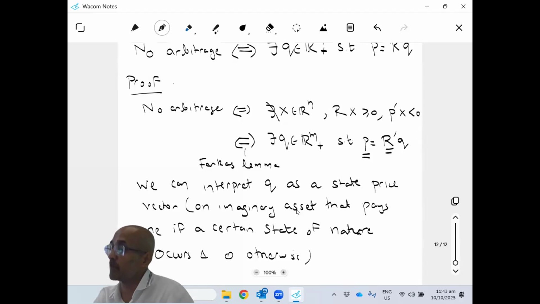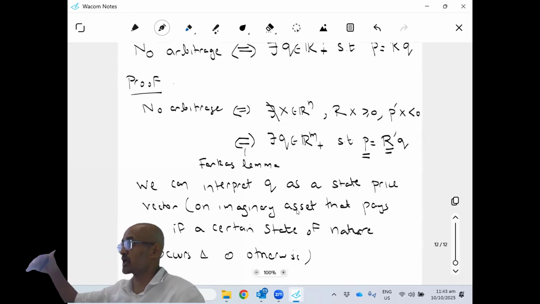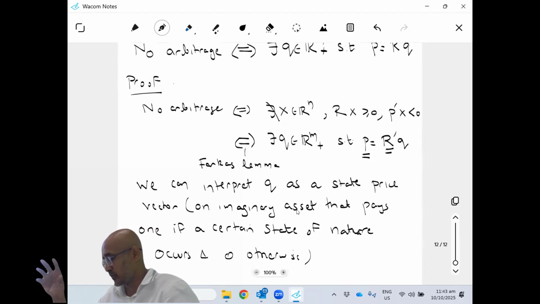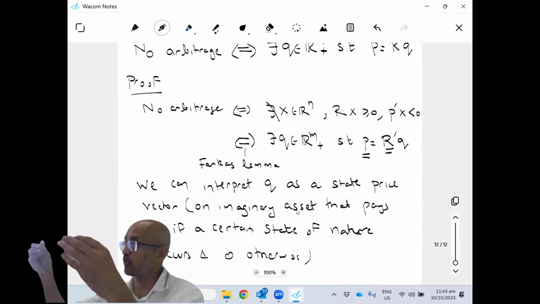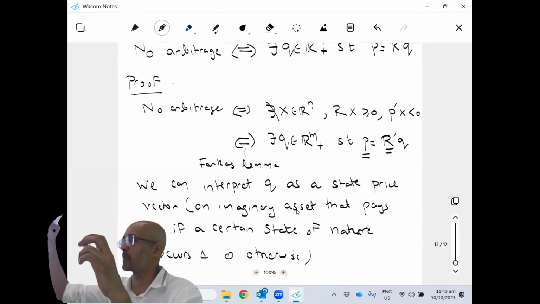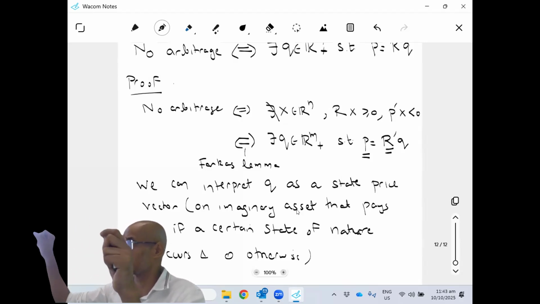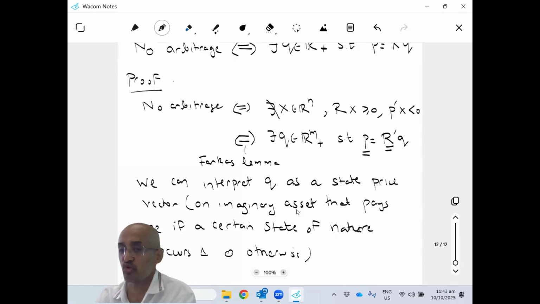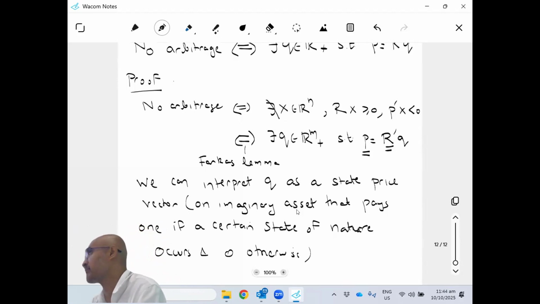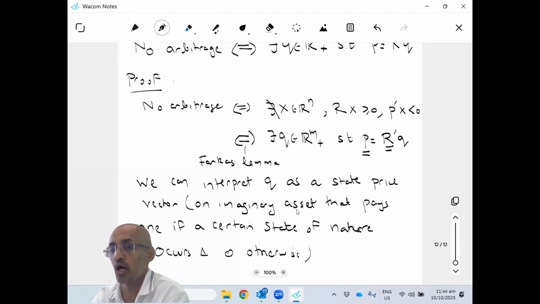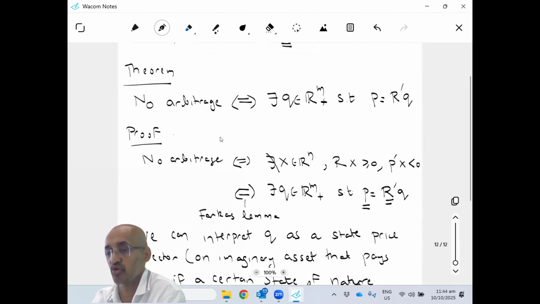Another way you can think about this is that in finance, there's something called a risk neutral measure. You can interpret this as a risk neutral measure. Again, this is not a class in finance, so I don't want to spend all the time discussing this, but there's a different pricing strategy for these states of nature.